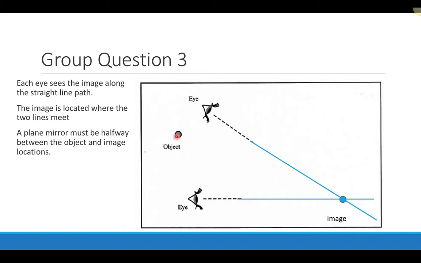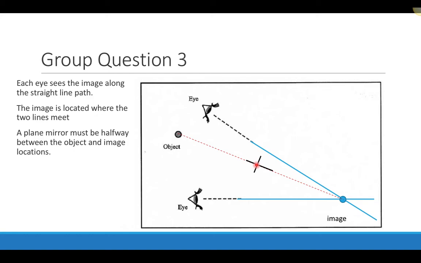Because we're dealing with a plane mirror, we know that the location of the object and the location of the image have to be the same distance away from the mirror. So I'd have to place a mirror halfway between the object and the image. I would draw a straight line connecting the object and the image, and then determine the halfway point.